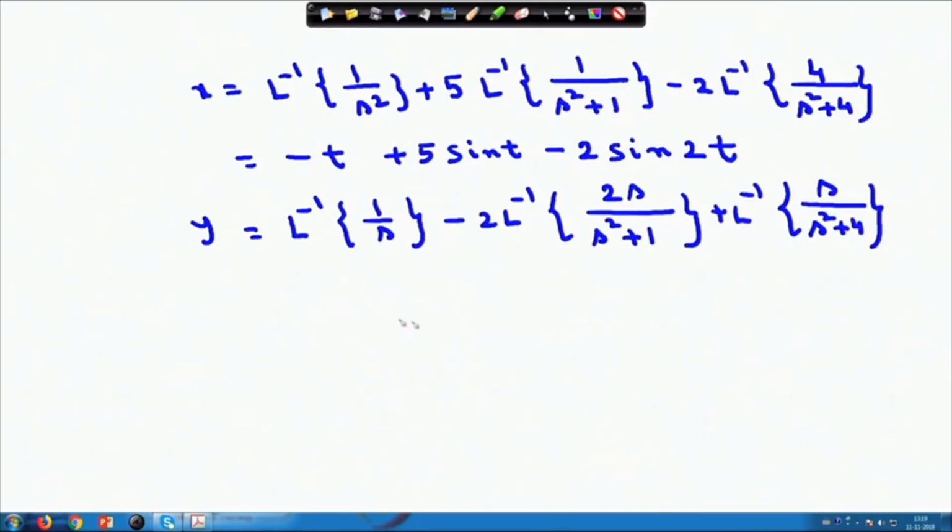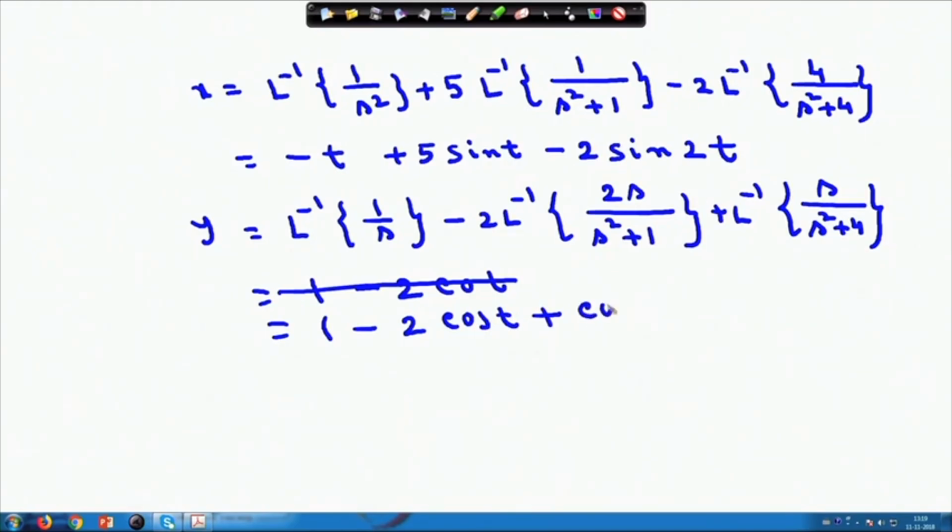Laplace inverse of 1 by s is 1, minus 2 into s by s square plus 1, which is cos t, and plus s by s square plus 4, which is cos 2t. So, the x value is minus t plus 5 sin t minus twice sin 2t, and y equals 1 minus 2 cos t plus cos 2t.